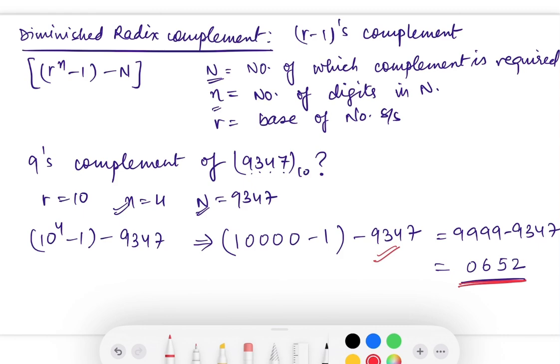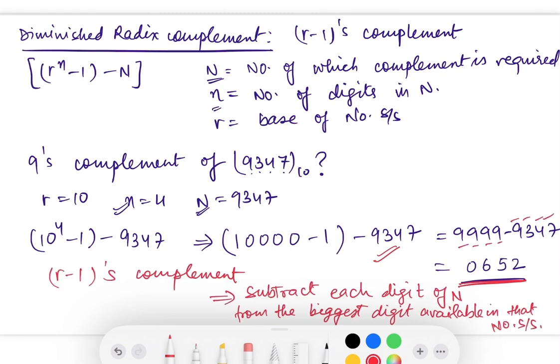So what we can say is that if you want to calculate the 9's complement of any number, then subtract each digit from 9. The rule says that if you want to calculate the r minus 1's complement of any number system, then subtract each digit of N from the biggest digit available in that number system.